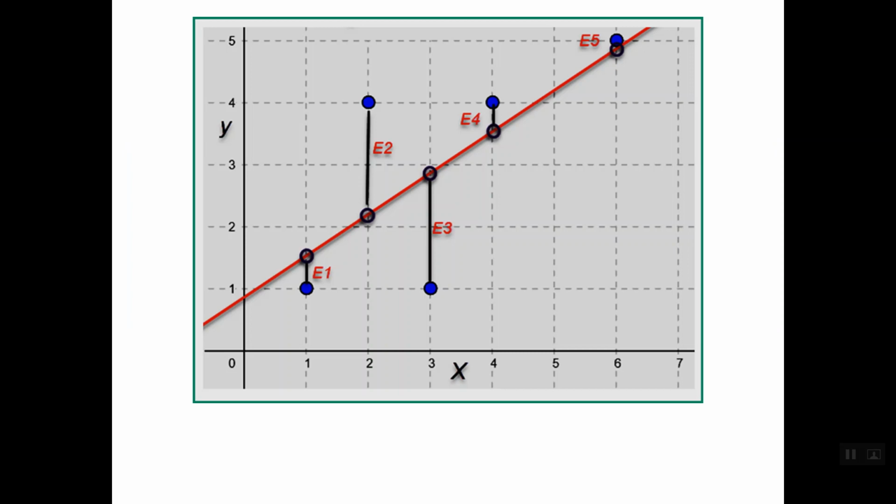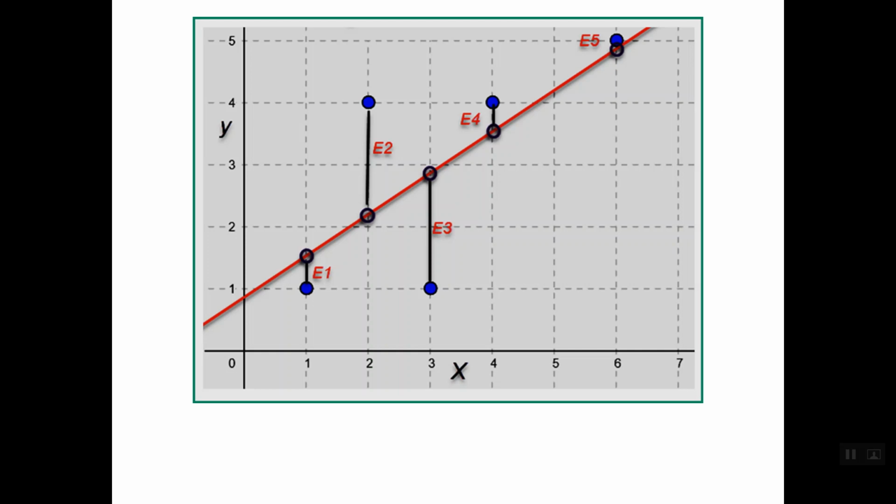First of all, what we have here is a set of data. We have 5 observations, and we do all the computation in order to get the slope of the linear regression line and the y-intercept.